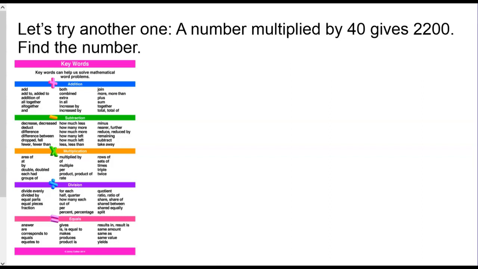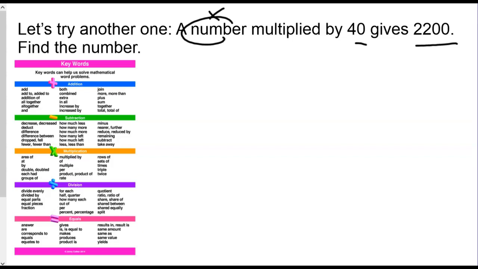Well, we know that we have a number, or that they're looking for a number, and that we have the numbers 40, and we have the numbers 2200. Okay, so that's what we're given. We don't know what a number is, so we'll just call that x. Seems like a variable that is used quite a bit.